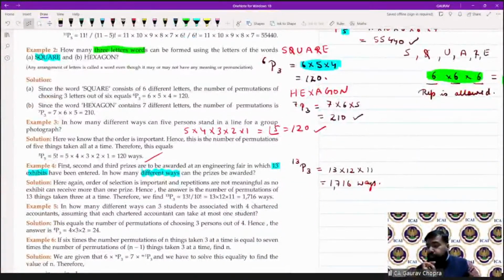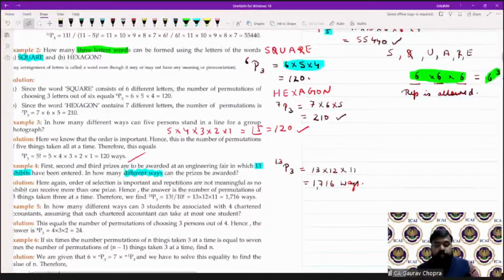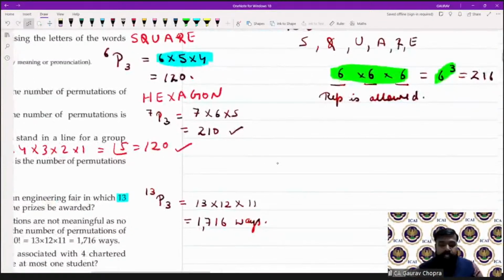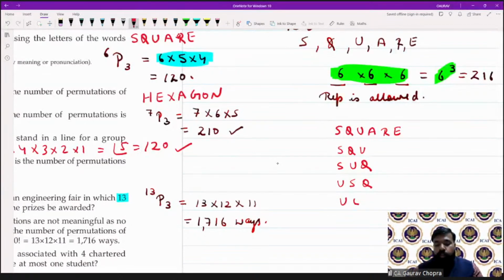Then Miss Meghna Chauhan says in example 2 there is no arrangement. See, in example 2 there are a lot of arrangements. We are saying that if we are using the word SQUARE, at a time we have to use only three alphabets. Let's say we are using S, Q, U, then we can write S U Q, then U S Q, then U Q S. All these are known as arrangements.